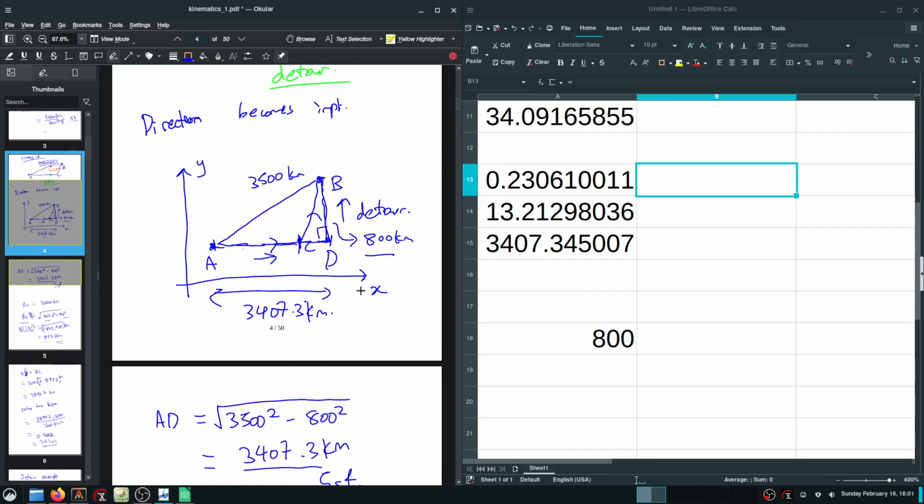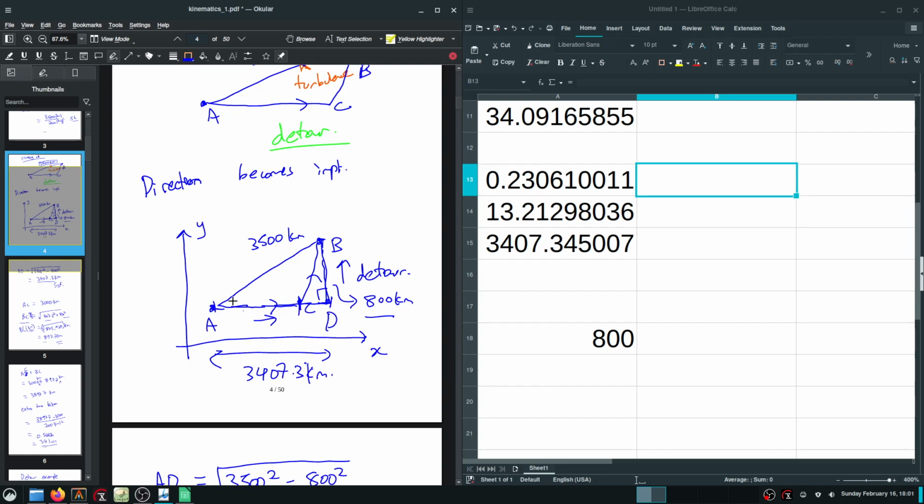So let's say you want to travel from A to C, and then you want to travel from C to B. Now, when you talk about vector addition, you add this vector AC to vector CB.